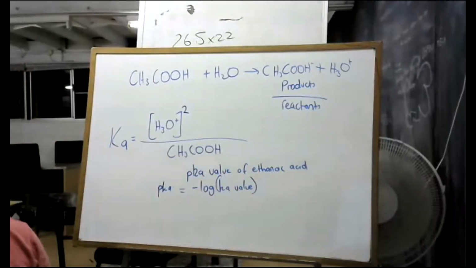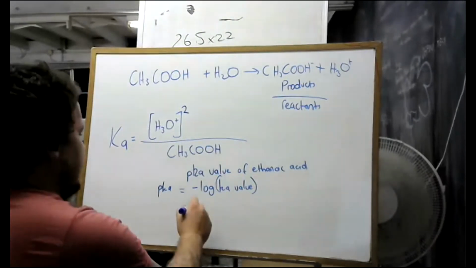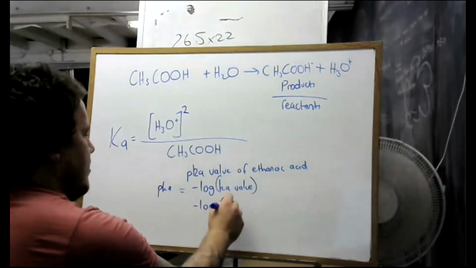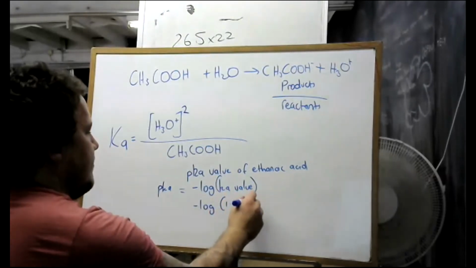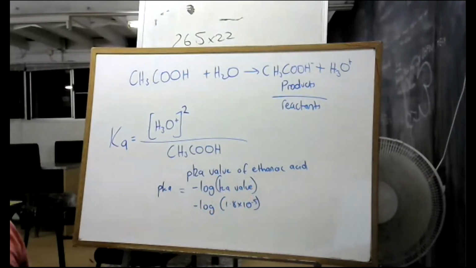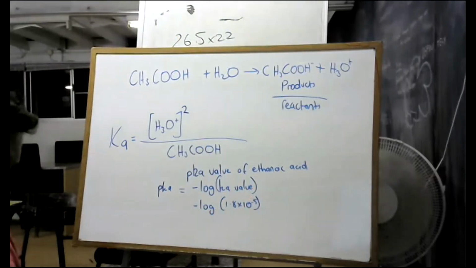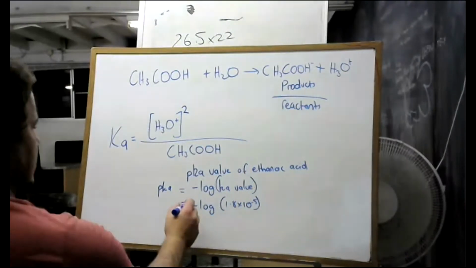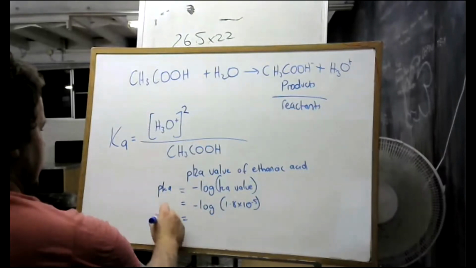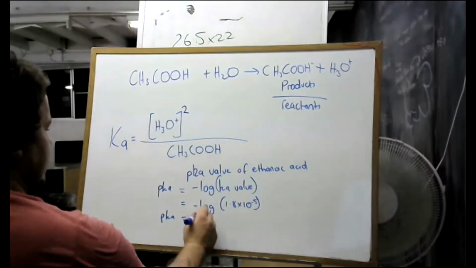The question told us that the Ka is 1.8 times 10 to the negative 5. Which in this case gives us the pKa for ethanoic acid is 4.7.